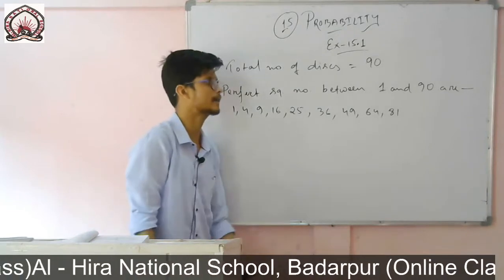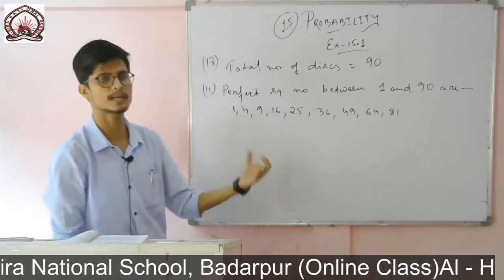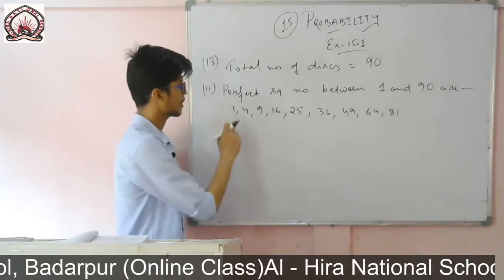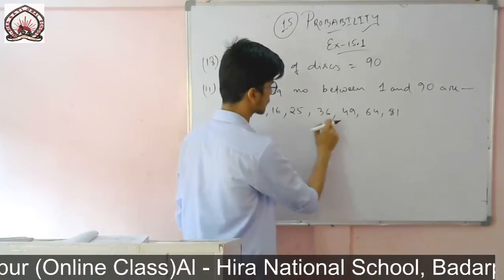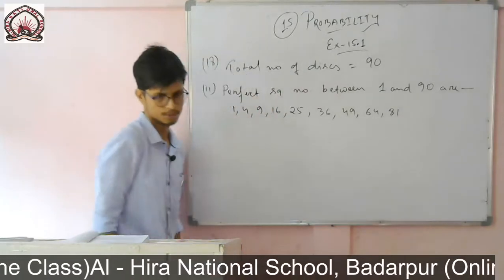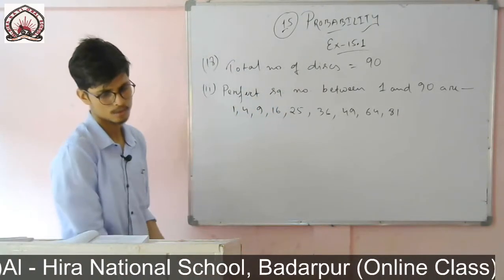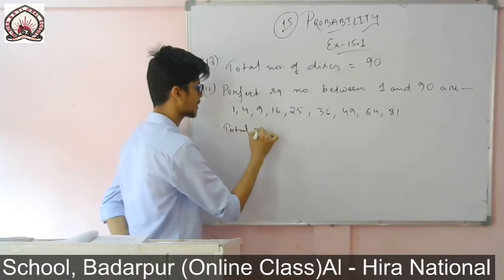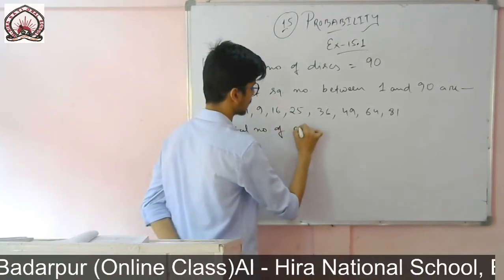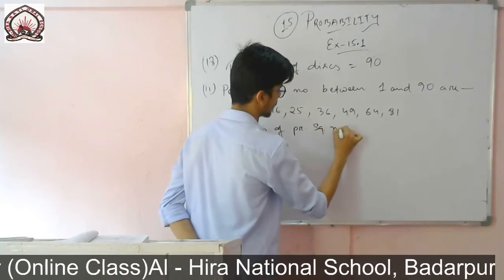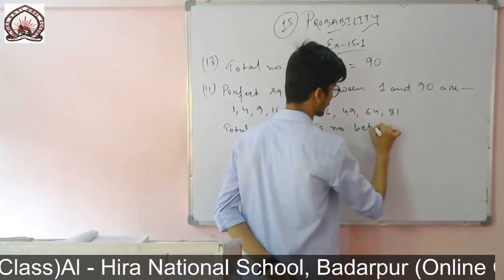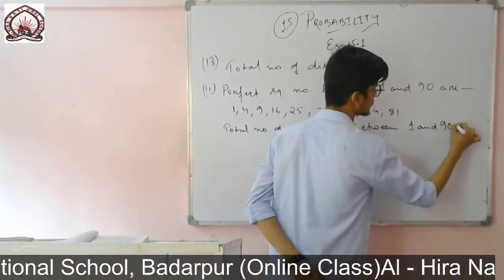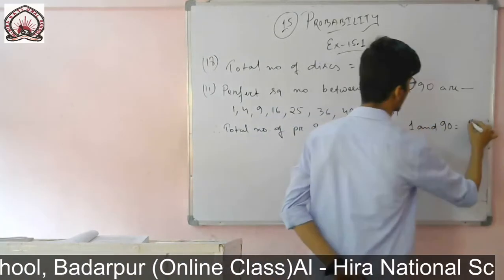The question is to find the perfect squares between 1 to 90, and then you have to find how many numbers are there, you count. So, this will be our favorable outcome. 1, 2, 3, 4, 5, 6, 7, 8, 9. So, total favorable outcome will be equal to 9. Therefore, total number of perfect square numbers between 1 and 90 is equal to 9.